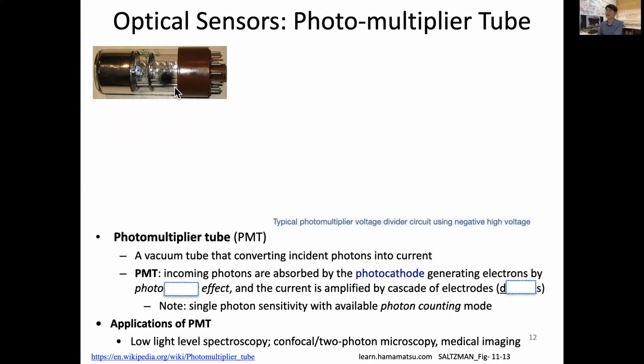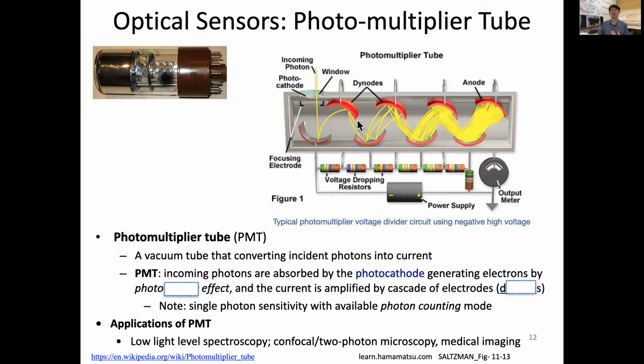If you look inside, this is a simple diagram, although it looks a little complicated, but let's take a look. When the incoming photons get in, you see there is a photocathode. So this will eject a photoelectron, and that photoelectron has a negative charge. So you actually have a very negative voltage applied, so that the electron accelerates to hit this metal surface, and we call it a secondary emission.